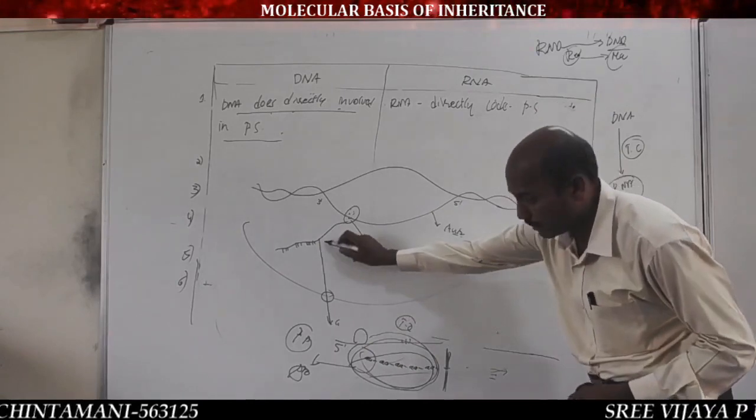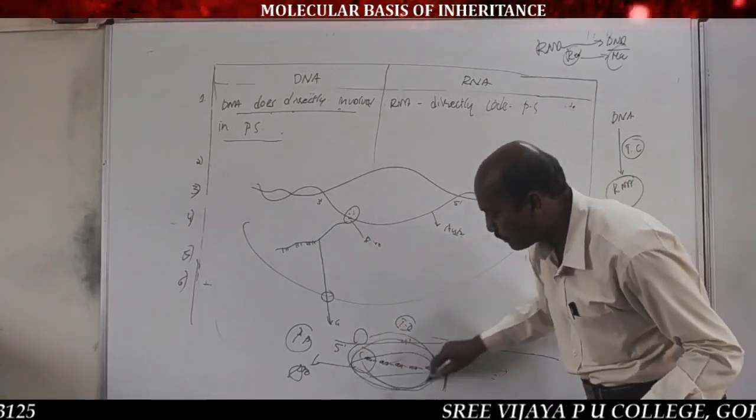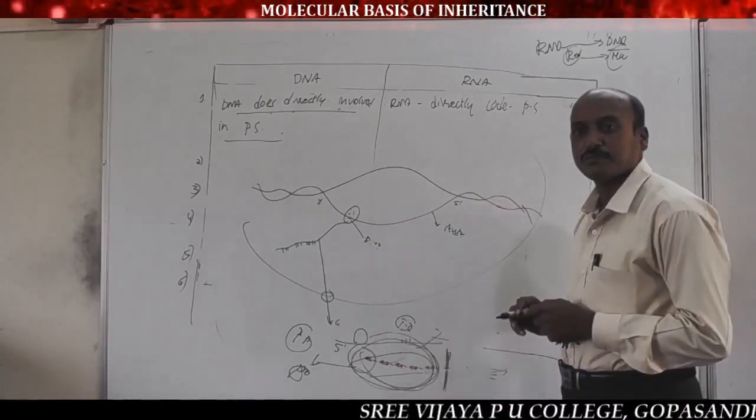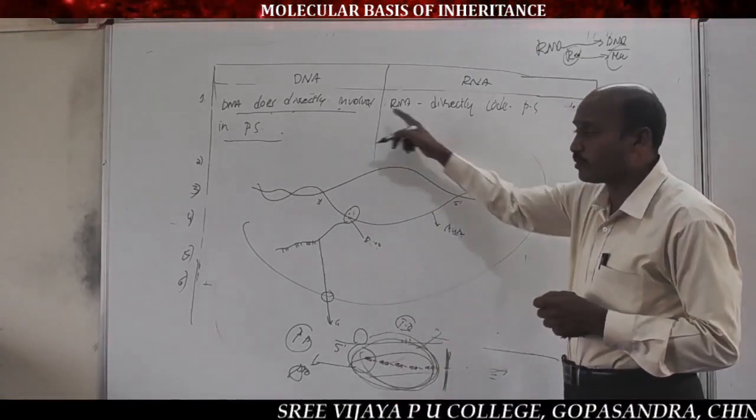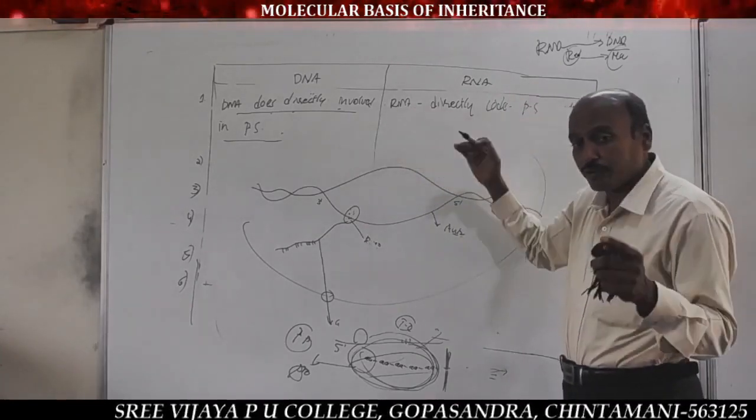But RNA, whether it may be rRNA or mRNA or tRNA, directly participates in protein synthesis. That is the major difference of DNA and RNA. Important expected point and a question that has appeared in a number of exams.